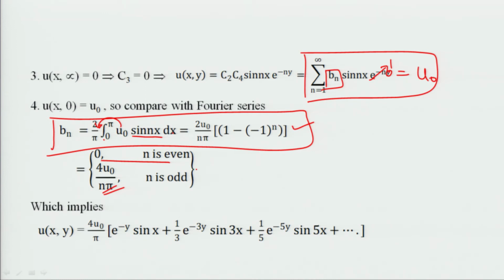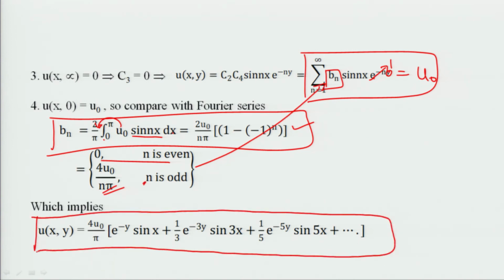Substitute the value of bn in our assumed solution, and we get the solution of the equation. That is, in this particular plate, the temperature at any point will be governed by the obtained solution.